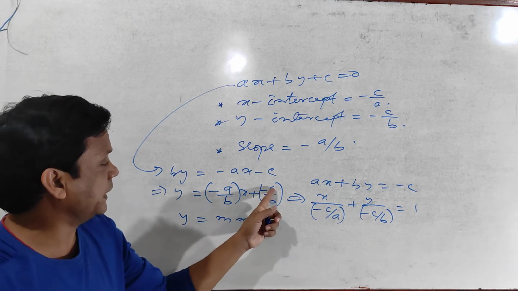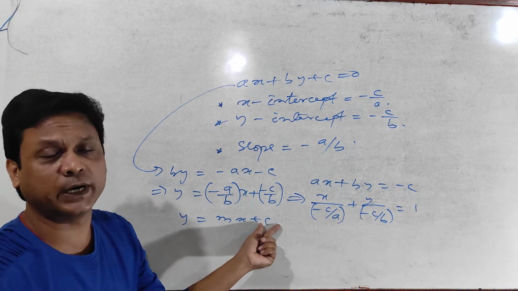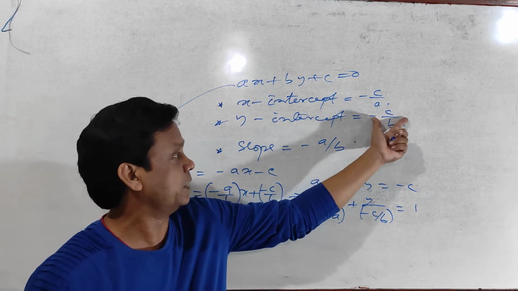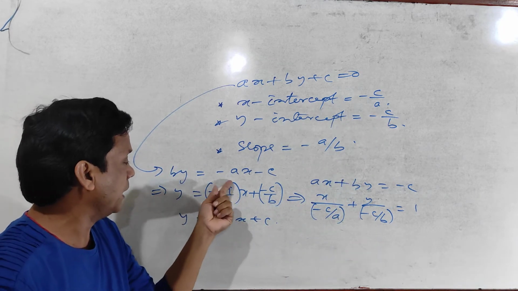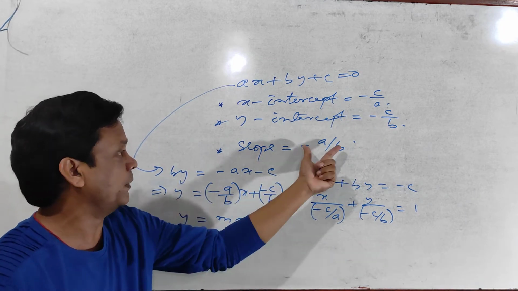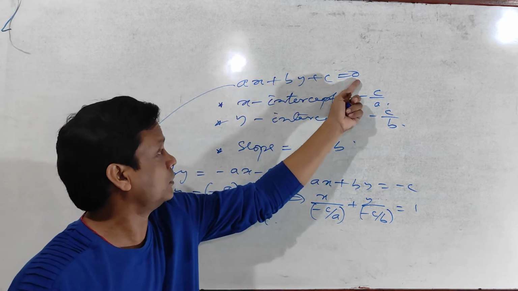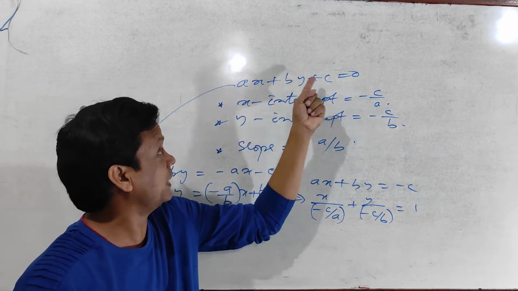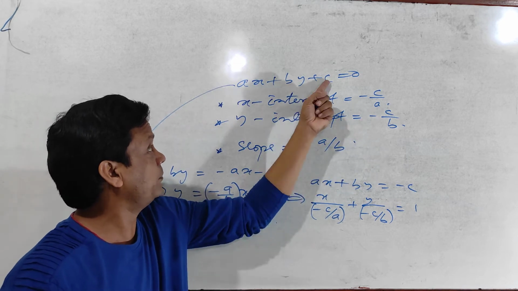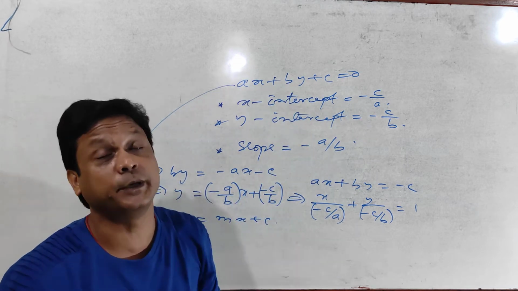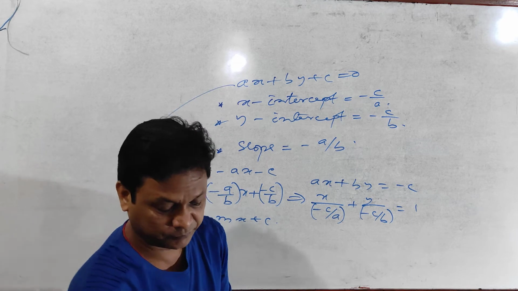So in place of c, I am writing minus c by b, and c is the y intercept, so the y intercept is minus c by b. In place of m, I have written minus a by b, so this is the slope. So if the equation is in the form ax plus by plus c equals 0, here the x intercept is minus c by a, the y intercept is minus c by b, and the slope is minus a by b, not b by a, it is a by b.